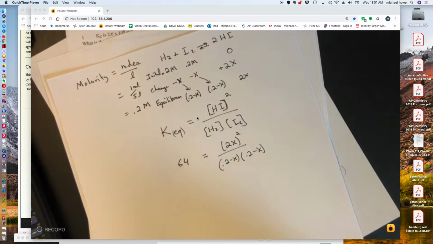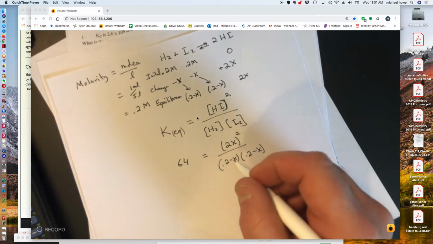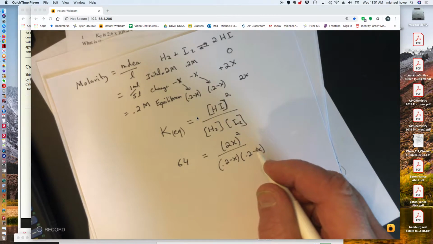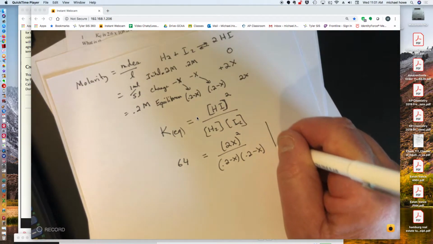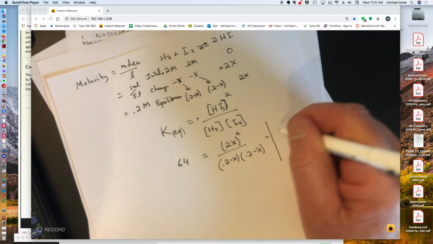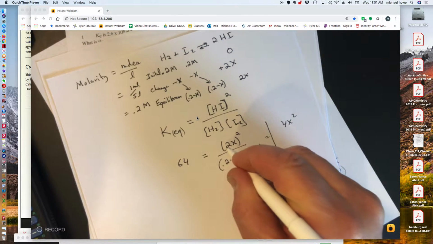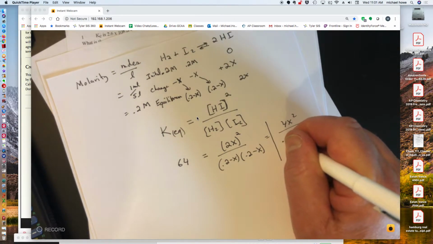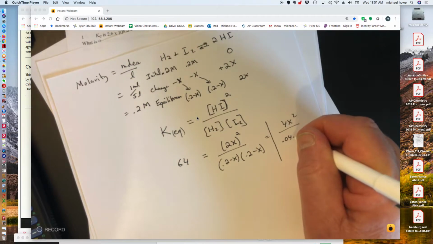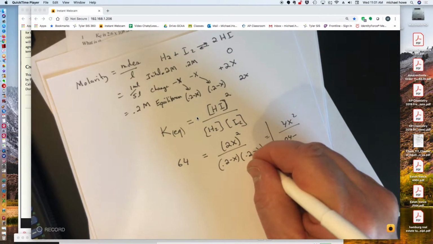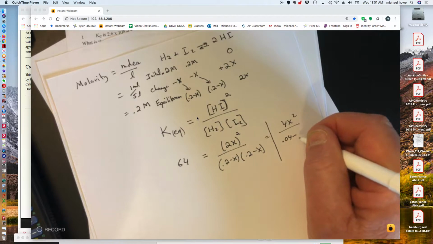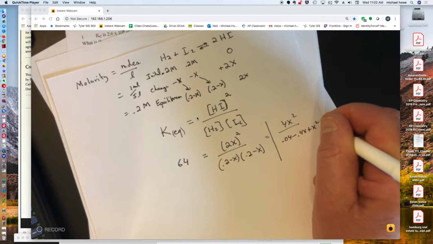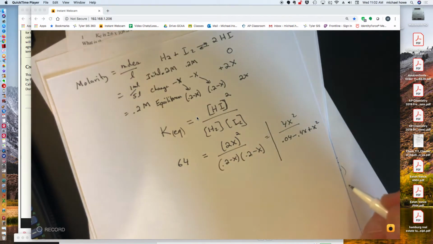So here we go. So we have this set up. We could use the FOIL method on this, where you have first times outside times inside times last. So I'm just going to put over here on the side, you could say this is equal to 4x squared, because 2 squared is 4, and x squared is x squared, divided by 0.04, that'd be the firsts, minus 0.2x, and then another minus 0.2x, the outside and then the inside, so that would be minus 0.4x plus x squared, and that equals 64.